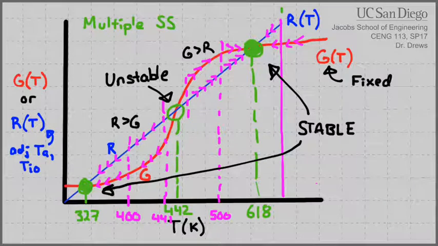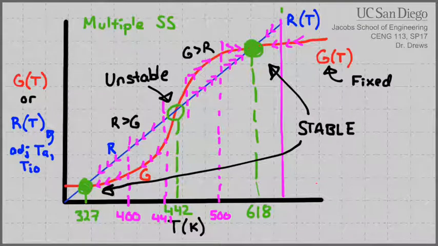If we adjust R(t) by changing either T_i0 or T_a, we're still going to have a straight line. It doesn't change the dependence of R on temperature. It's just changing where that line is. So this is what your homework is going to do. Your homework is to plot this and make sure that you can identify where those points are. It should look something like this. Then replot R by changing T_i0.